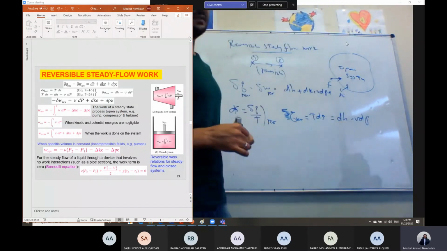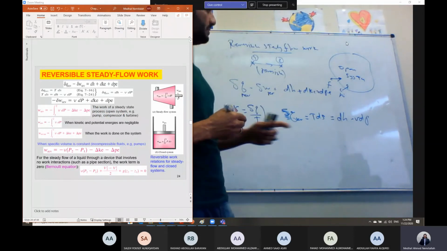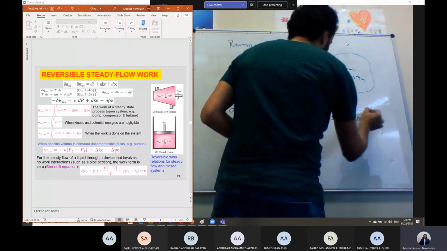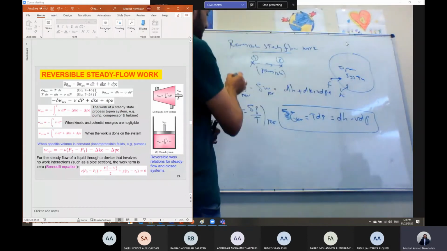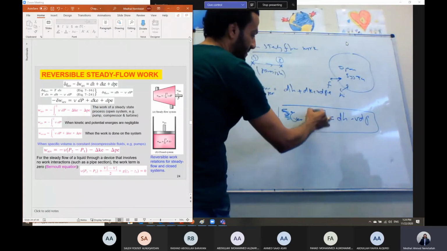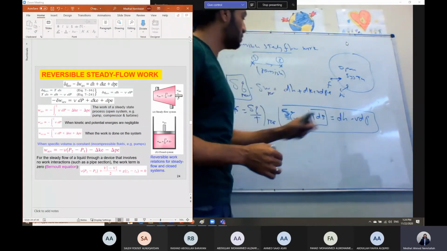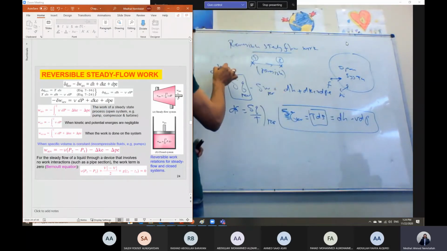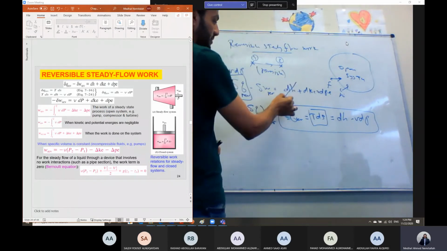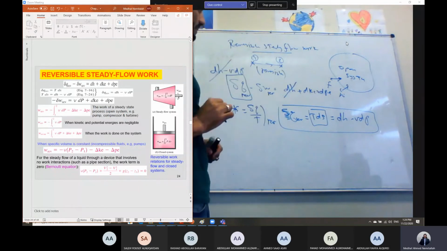This is the second T dS relation. We said T dS is equal to dH minus v dP. We developed this last time. So we can replace this delta Q by T dS, and T dS is equal to dH minus v dP. But we have dH here, so this dH will cancel with this dH.